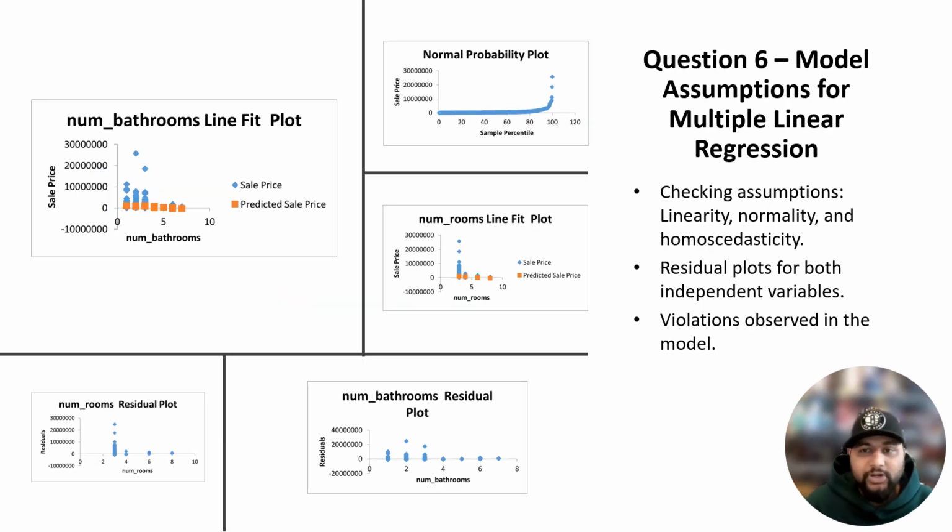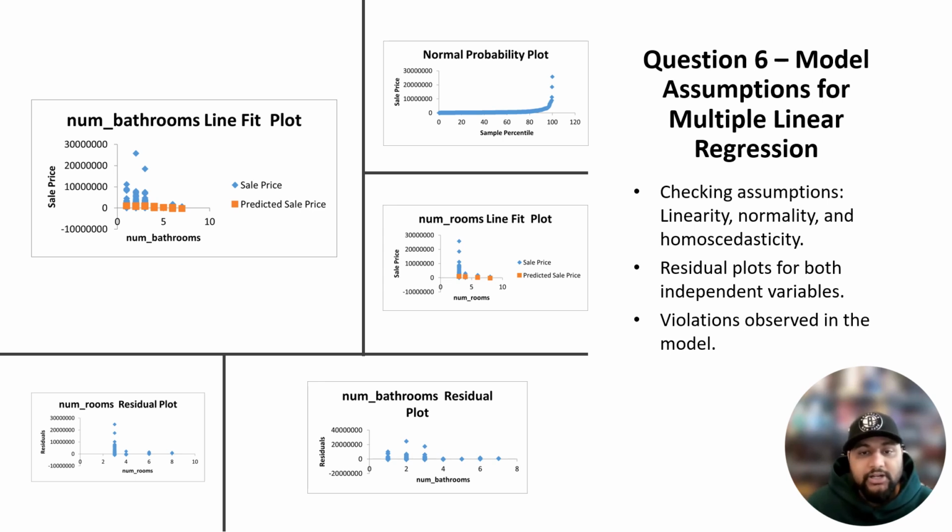Then we have question six, model assumptions for multiple linear regression. Model two also encounters issues with assumption violations, much like model one. The residual plots reveal non-linearity in the relationships between both the number of rooms and bathrooms and house prices. In addition, the residuals do not display a constant variance, indicating a violation of the homoscedasticity assumption.